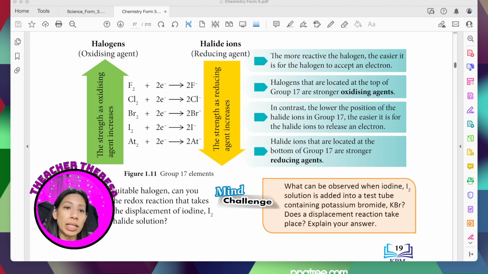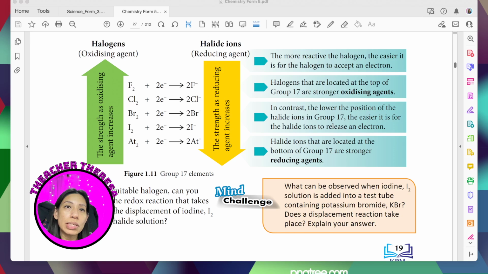or we can make the conclusion that fluorine is a stronger oxidizing agent, because fluorine compared to bromine and chlorine has a higher tendency to undergo reduction.